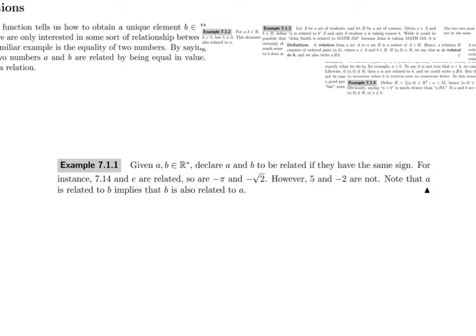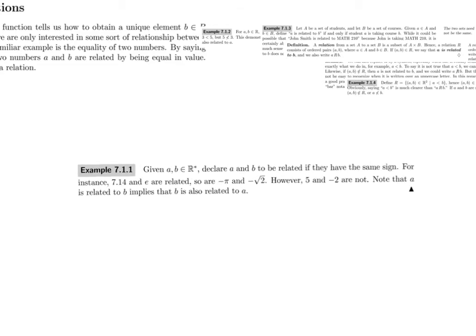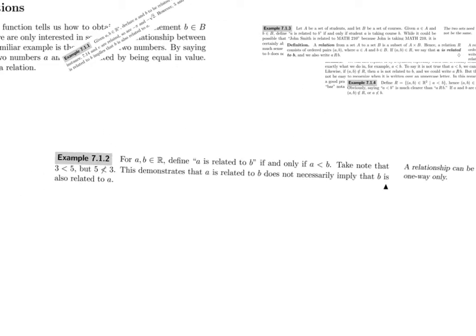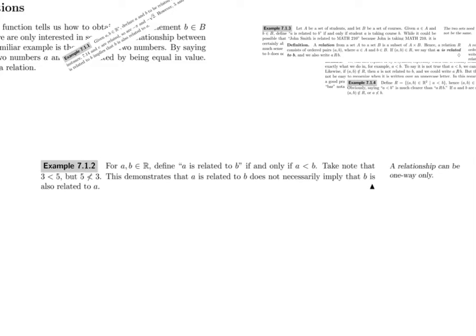a is related to b implies b is related to a, but just in this example. That's not always the case in general. We'll see that in some future examples. So for example, here's one right now. We can say that a is related to b if and only if a is less than b.